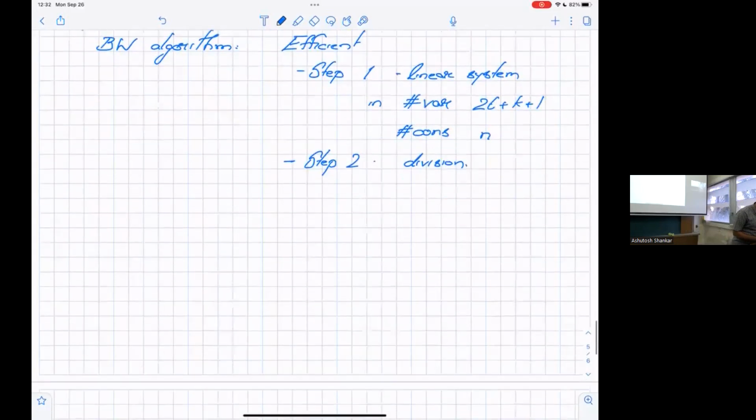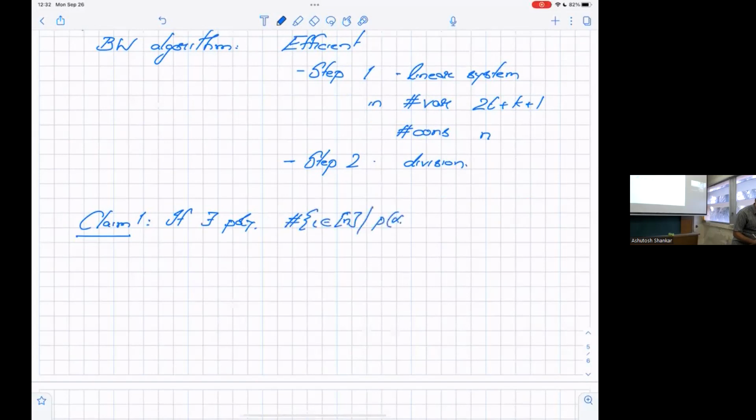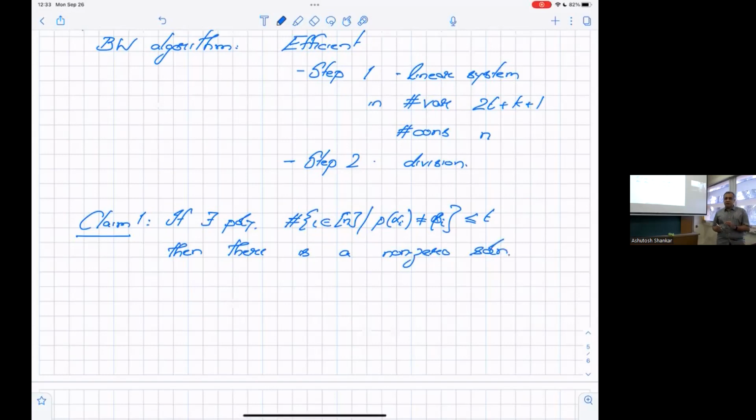Claim 1: if there exists a unique polynomial such that the number of i with p(alpha_i) not equal to beta_i is less than or equal to t, then there is a non-zero solution. So if there is such a polynomial, then there is a non-zero solution.